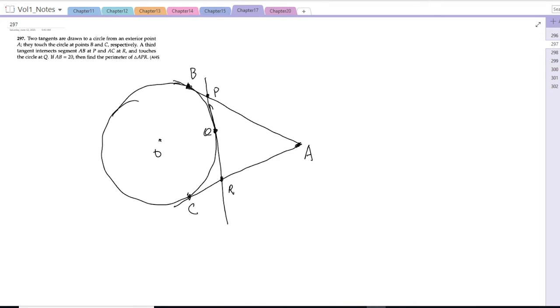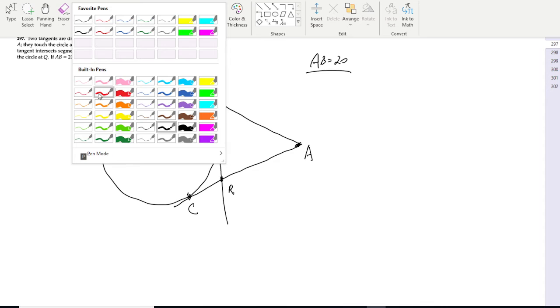If AB is equal to 20, what is the perimeter of APR? This is a very important result.